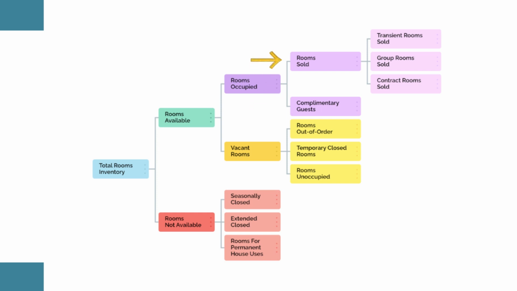Subsequently, we have rooms sold for revenue, which are further classified into 3 distinct categories. Transient rooms sold refers to rooms individually sold to guests. Group rooms sold refers to rooms sold as part of a group booking involving 10 or more rooms. And contract rooms sold involves rooms sold under specialized, often longer-term contracts.